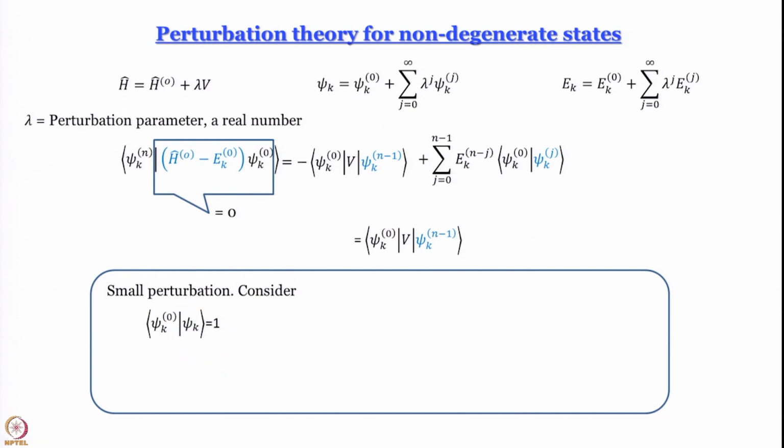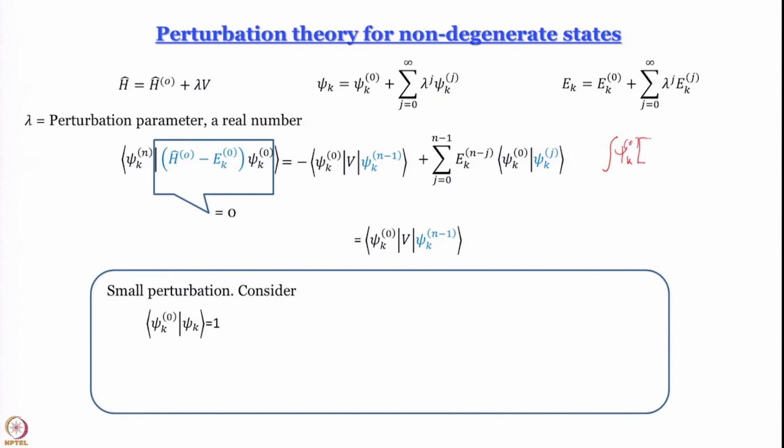Does this make sense? Integral, what I am saying is psi k 0th, for the time being I will be lazy and not write the star. If it is complex we have to write the star, let us not worry about it.